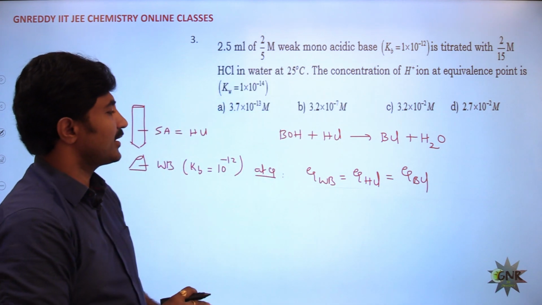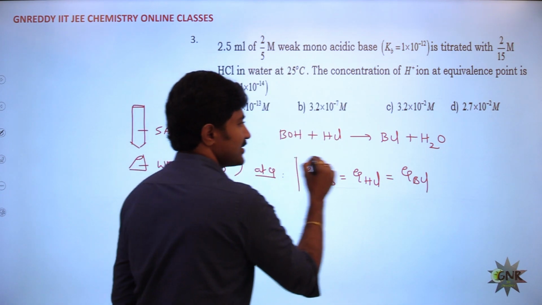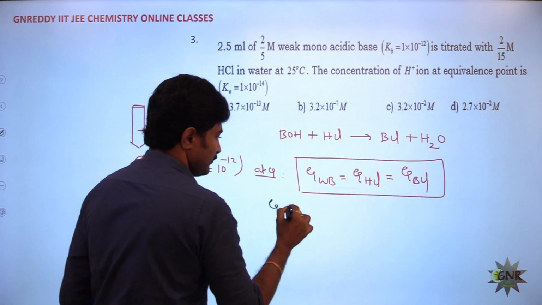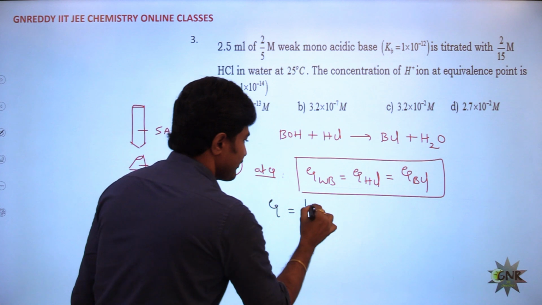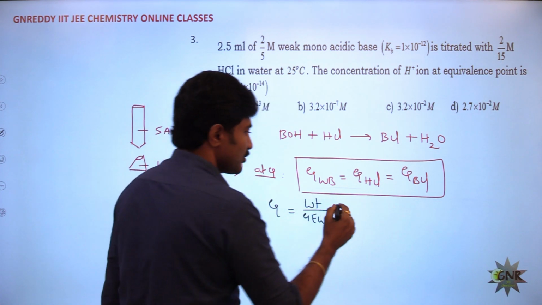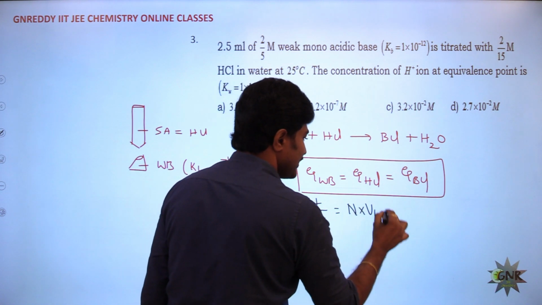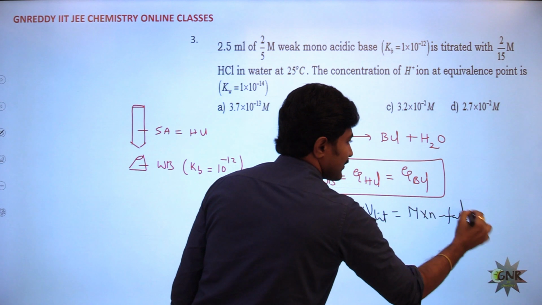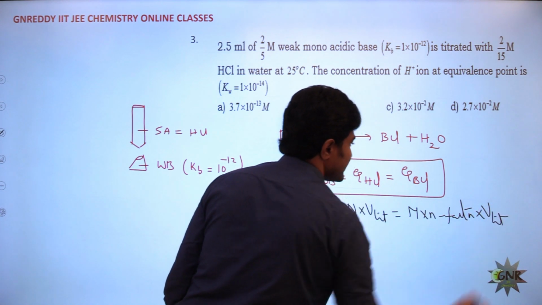Now substitute the data here. You know how to calculate equivalents. Equivalents are calculated by weight divided by gram equivalent weight if weight is given. If a solution is given, normality into volume in liters, or molarity into n factor into volume in liters. Like this you can calculate equivalents.